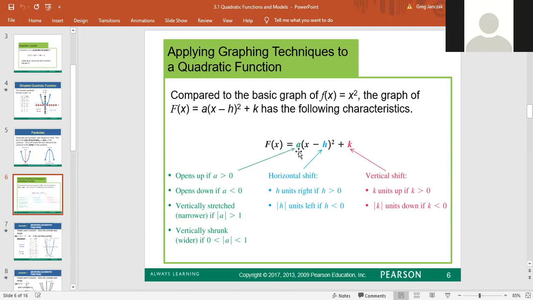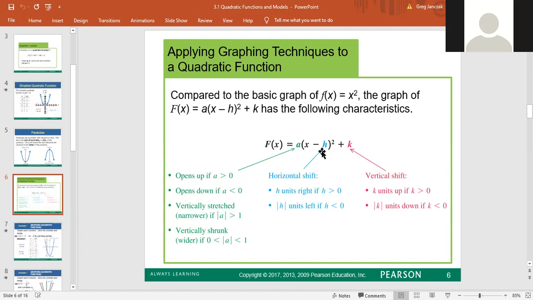If this a is larger than 1, then it's going to narrow the graph or make it vertically stretch. If it's in fraction form, where the absolute value is something less than 1 but greater than 0, then it's going to widen out the graph.